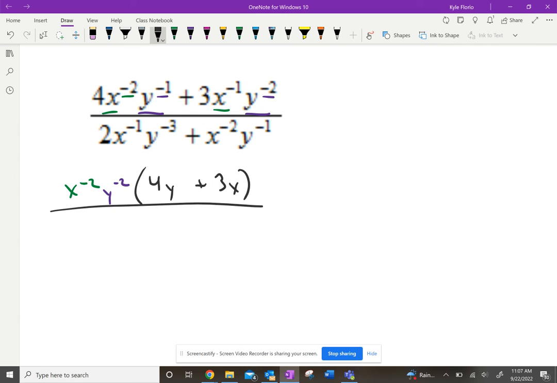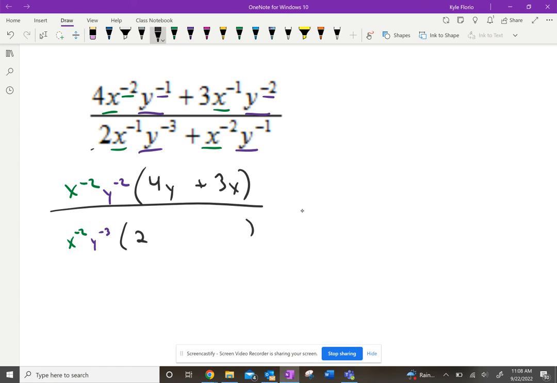On the bottom here, we're going to repeat what we just did. There's two factors of x. -2 is the smallest exponent, so take that out. There's two y factors. -3 is the smallest exponent, so we're going to take that one out. So that 2 is still there.